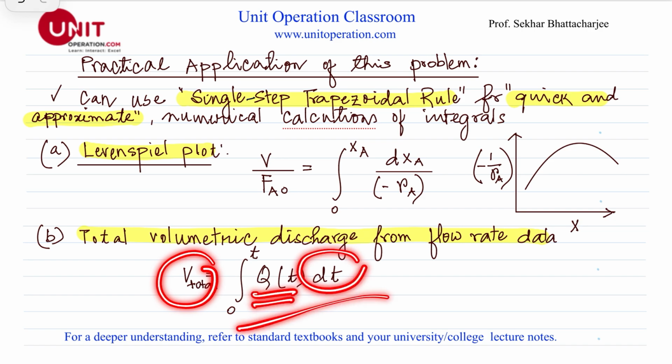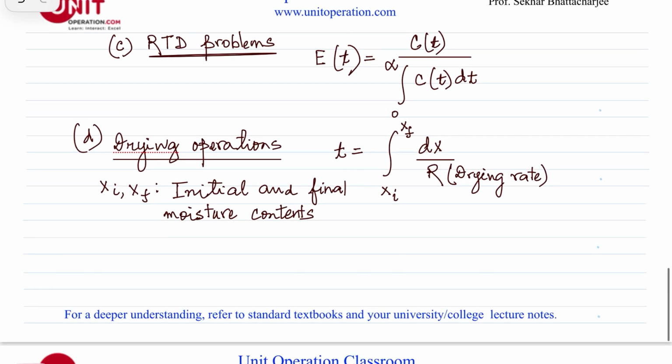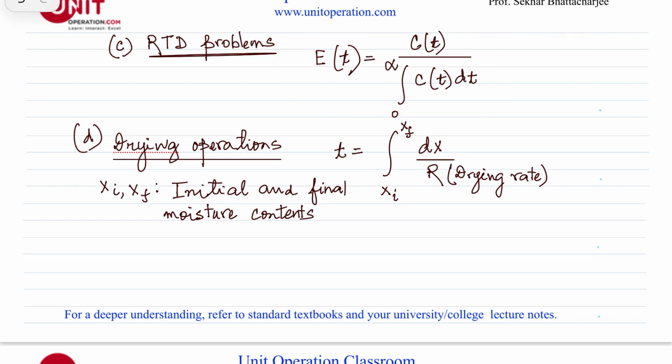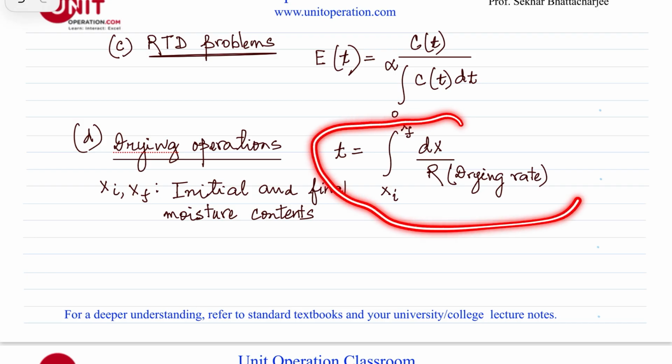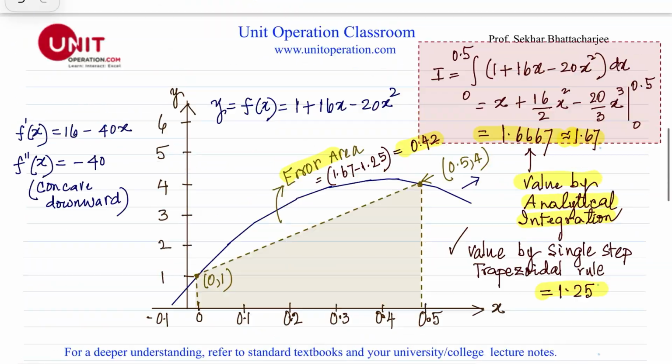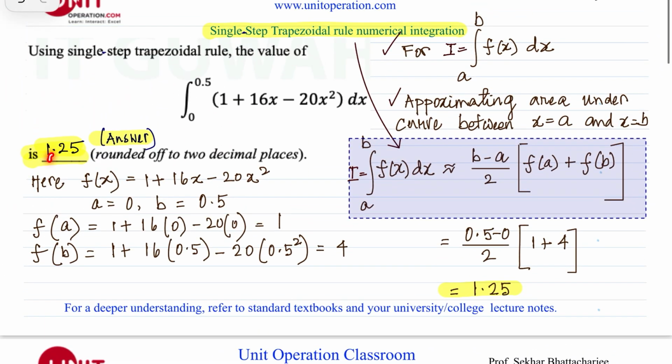In RTD problems, we regularly come out with the E curve, and in the drawing operation, we also come across this particular integral. So if we use the single step trapezoidal rule, we can find an approximate value of these integrals very easily. So finally, the answer is 1.25.